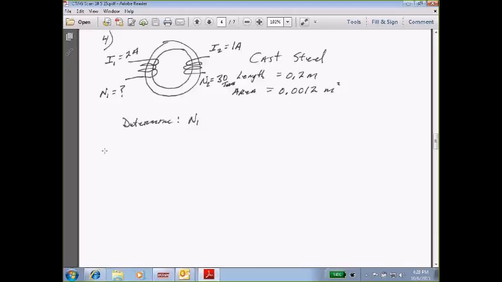So N1 times 2 amps plus 30 is equal to 150. So N1 times 2 amps is equal to 150 minus 30, or 120. So then N1 would be 120 divided by 2 amps, which is 60 turns.